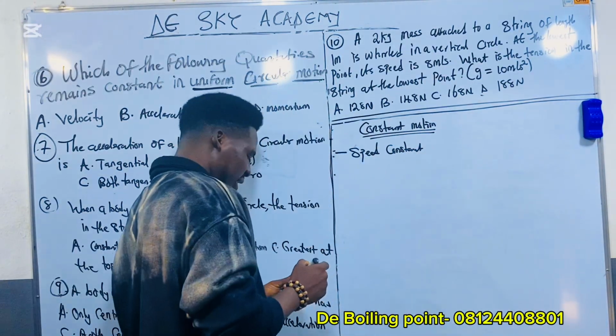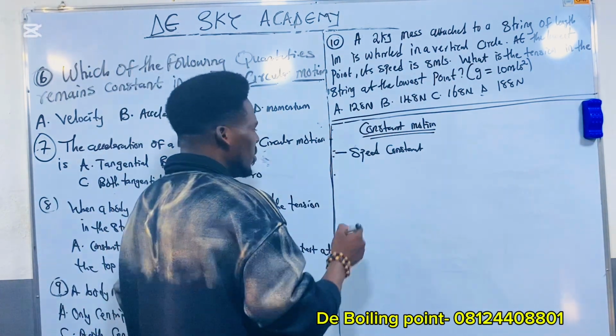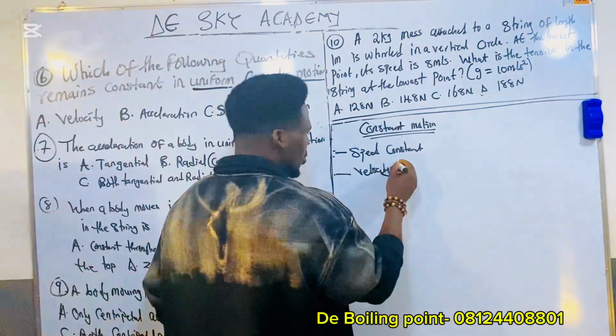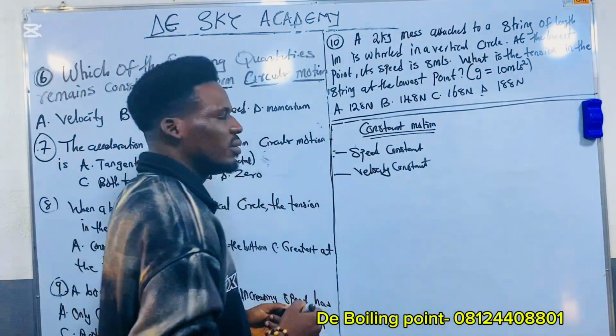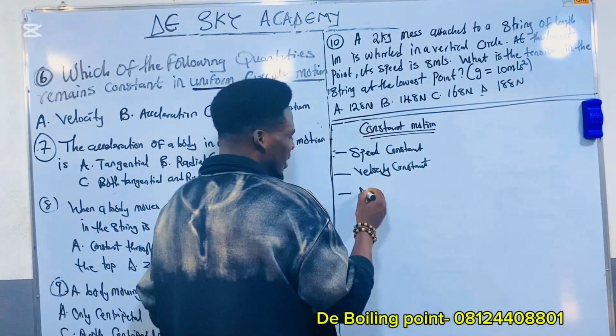So for you to say that the motion is uniform, that means the speed is constant. Number 2, the velocity is also constant. Number 3, there is no acceleration.